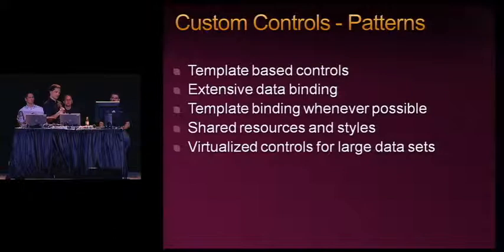In order to achieve the separation we were looking for and also the performance we were looking for, we made extensive use of data binding. Also, whenever it was possible, we used template binding. It kind of arrived late in the game, but we still used it. Another important aspect that we concluded helps a lot is having shared resources and shared styles.